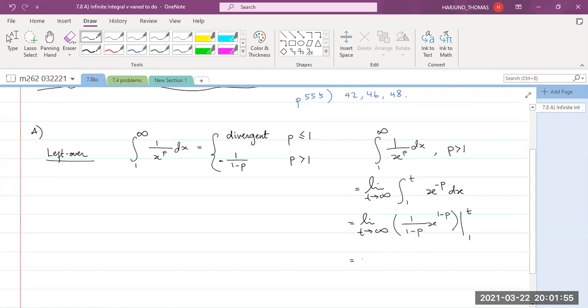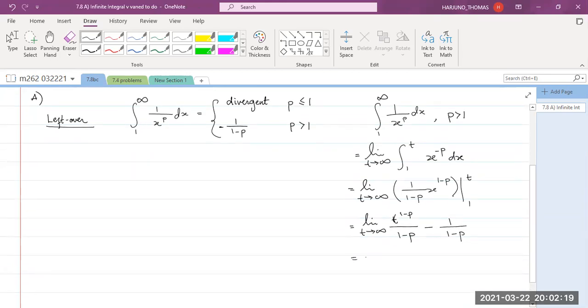So that's the limit as t goes to infinity of t to the 1 minus p over 1 minus p, minus, when x equals 1, just 1 over 1 minus p. But this is the same as the limit as t goes to infinity of 1 over 1 minus p times t to the p minus 1 in the denominator. So this will be 0.